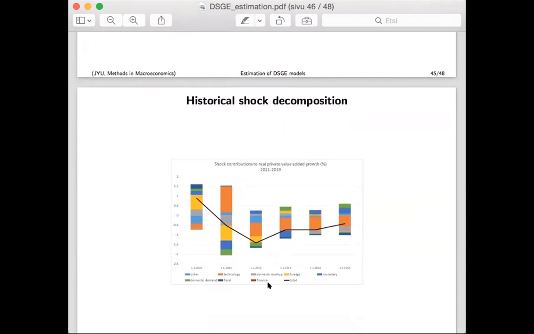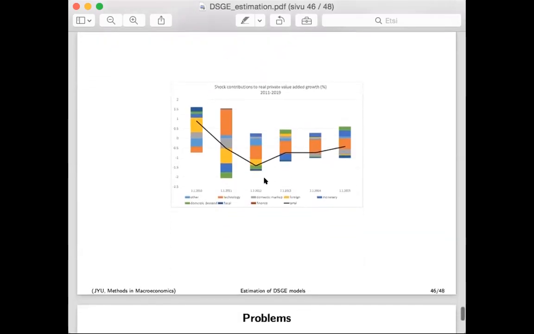Then one can analyze, for example, the growth of GDP: is it due to domestic or external factors, or changes in demand or supply conditions?